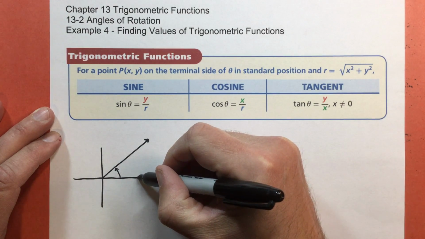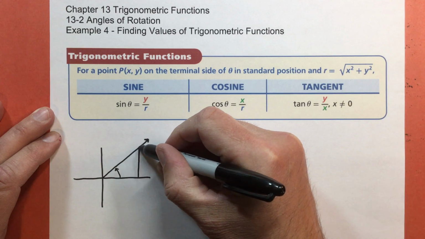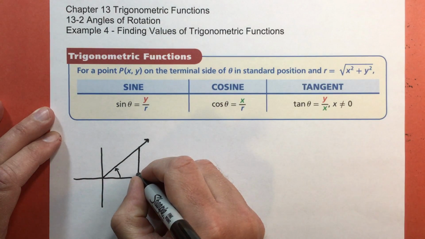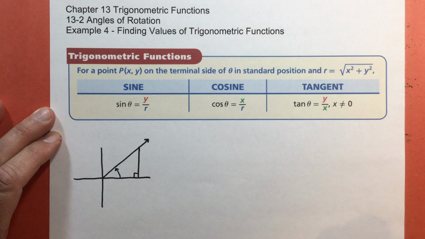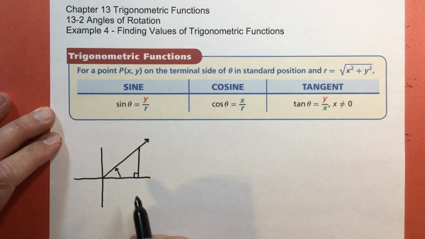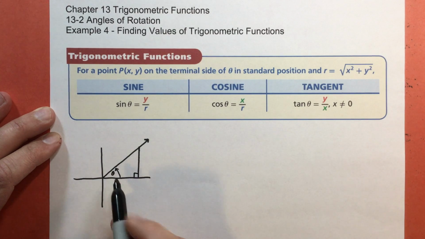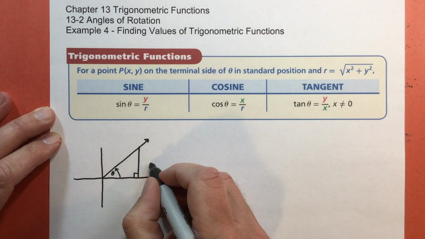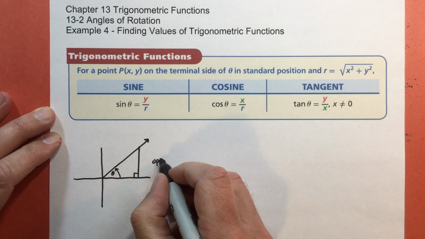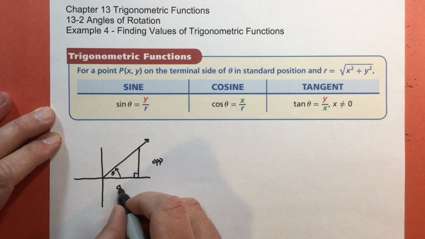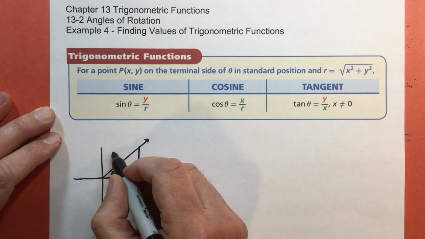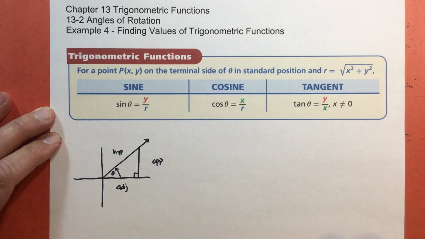So I'm going to draw a triangle like this, and I'm going to make that a right angle. If this is angle theta, relative to angle theta, this is the side opposite, this is the side adjacent, and this would be the hypotenuse.